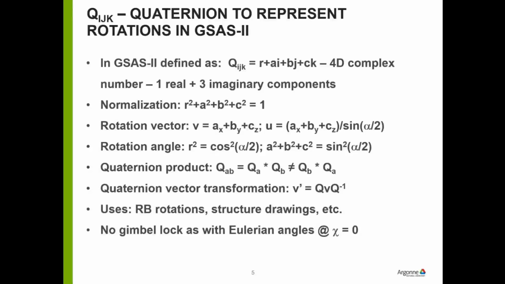There is a normalization: the sum of the squares of the components equals 1. You can define a rotation vector in which the components are about the imaginary bits. And then the rotation itself can be obtained from the value of R that way.